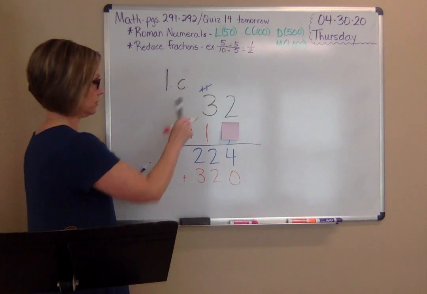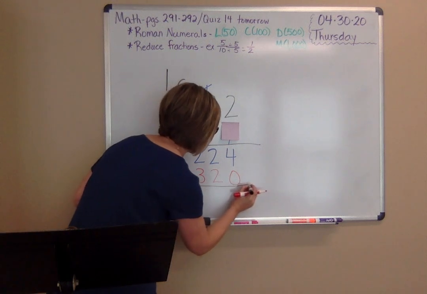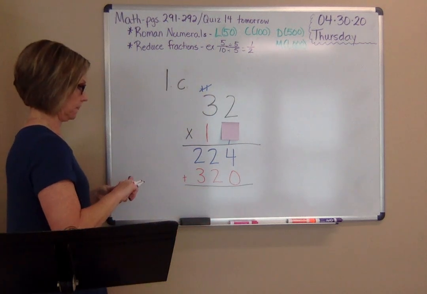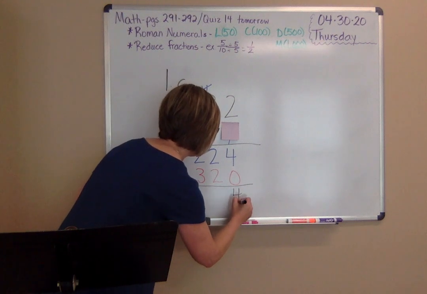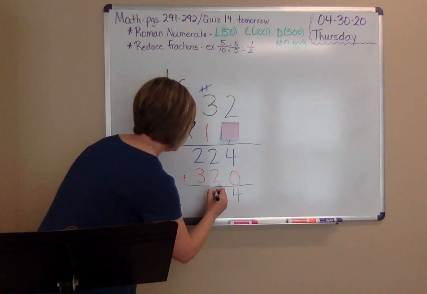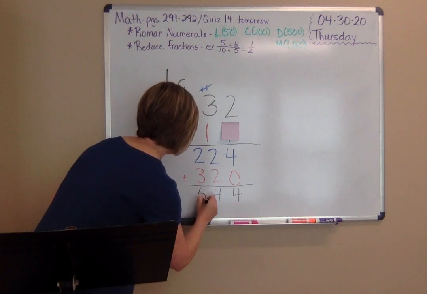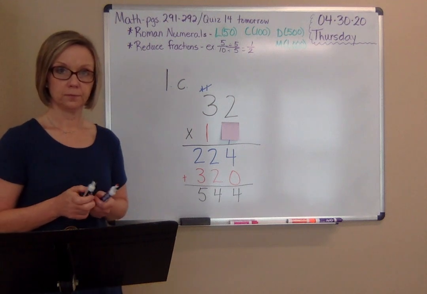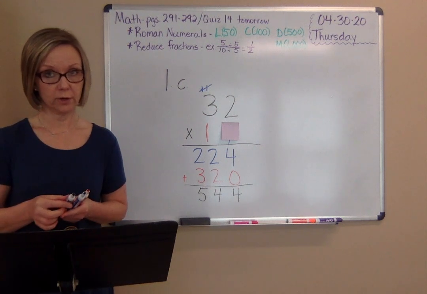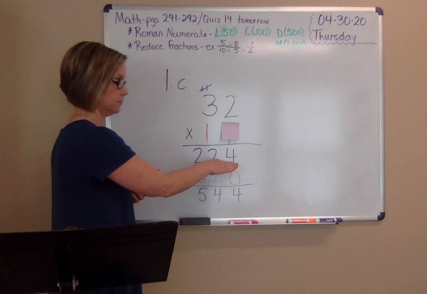And I remember that I marked that off, so I'm not using that in this column. 4 plus 0 equals 4. 2 plus 2 equals 4. 2 plus 3 equals 5. 544.